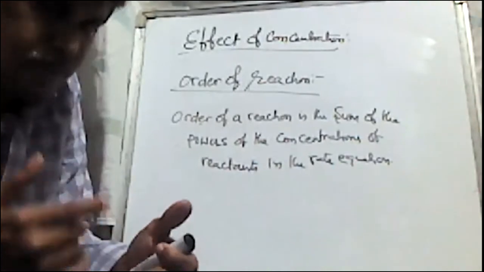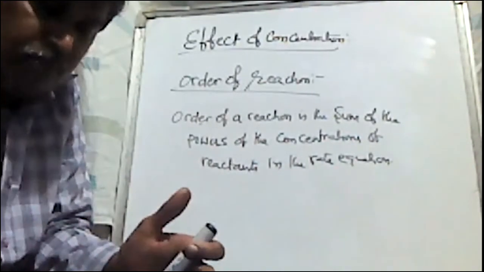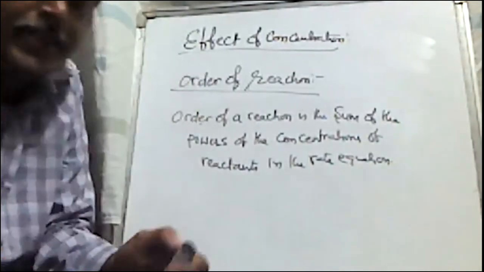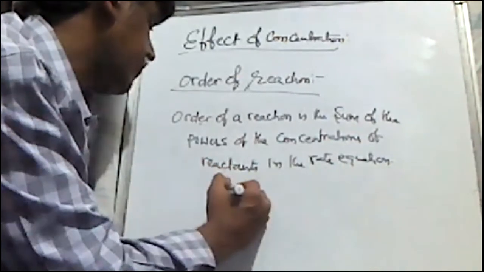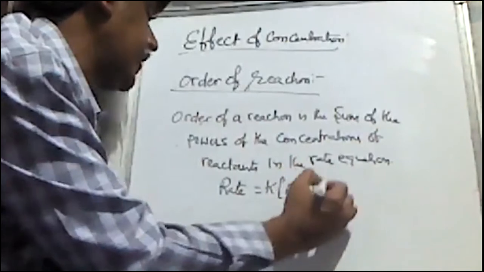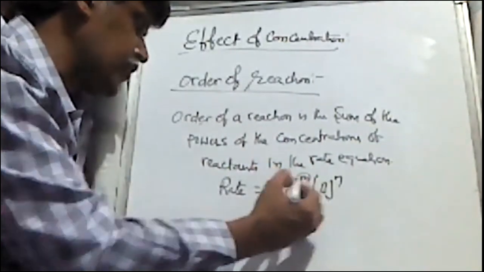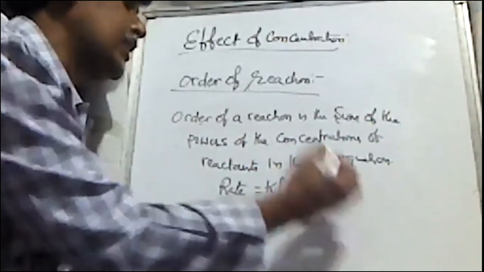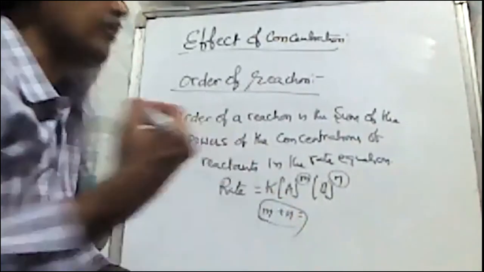Whatever concentration terms are there in the rate equation, whatever powers, the sum of the powers we call the order of the reaction. For example, if you take the previous one, with m and n, what is the order of reaction? With respect to reactant A the power is m, and with respect to B the power is n. Then m plus n is the order of the reaction.